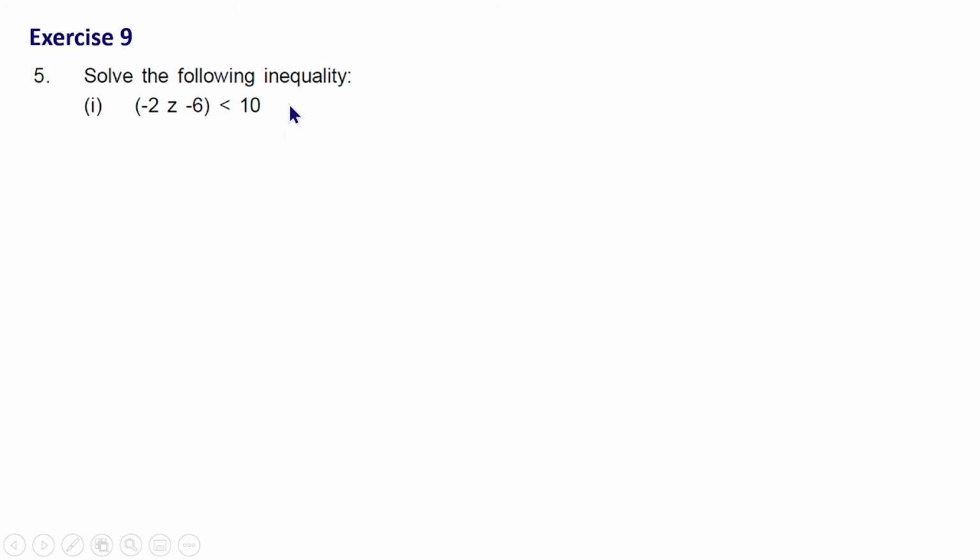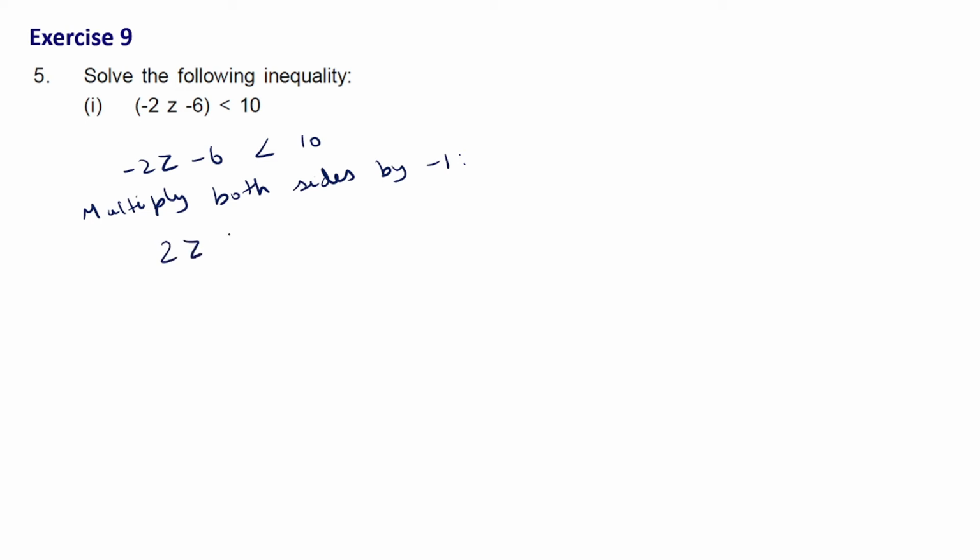Next question, solve the following inequality. Minus 2z minus 6 less than 10. So let us multiply both sides by minus 1. When we multiply by a negative number, the inequality sign changes.